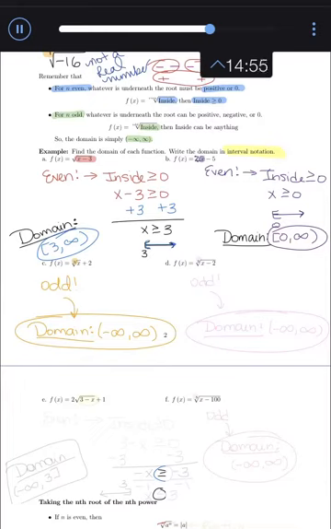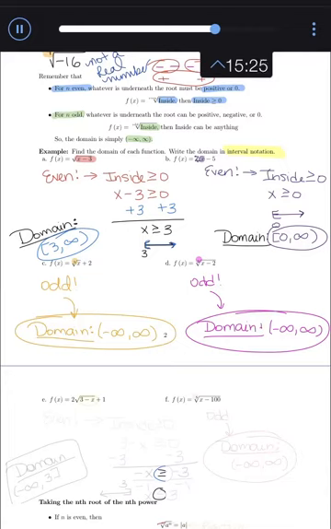So looking at D, again, what kind of root do I have? I have a 3, which means I have, again, an odd root. I should be putting no thought into this because it's odd. I can plug negatives or positives into odd roots, so my domain is going to be, again, negative infinity to infinity. I can plug in anything, positives or negatives.